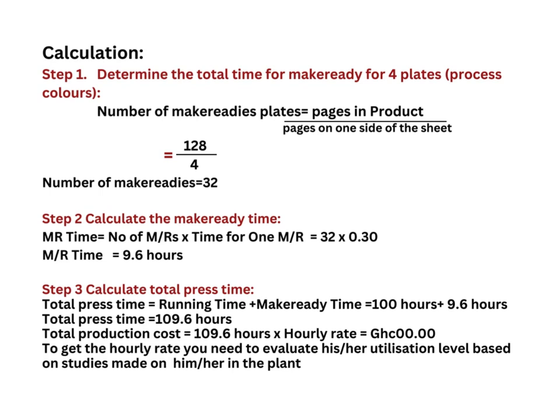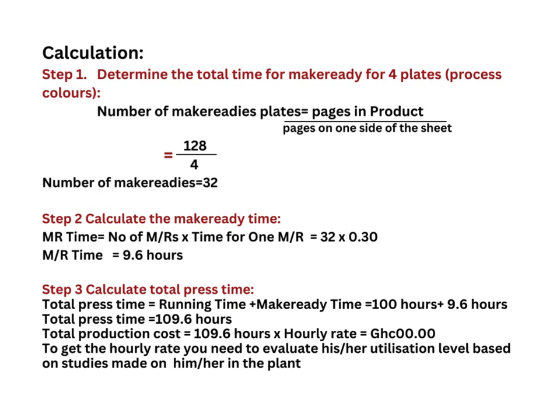No, it is based on the evaluation that is done on the person doing the work, like maybe a printer, how he utilizes the equipment. You need to do a work study on the person and know whether the person is able to print a number of sheets in an hour, and all those things are important.